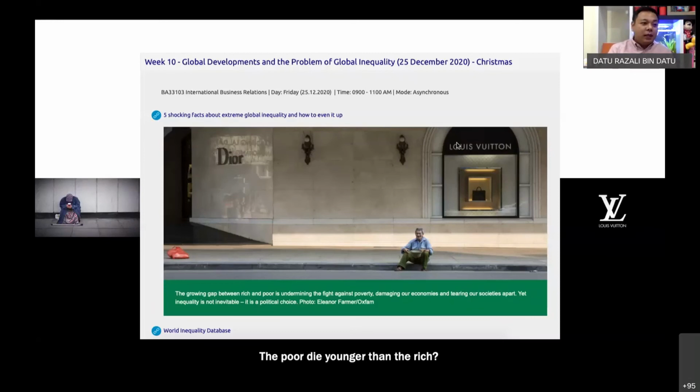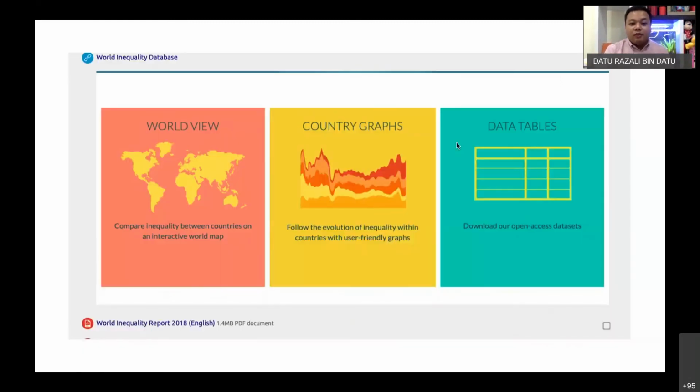We also put up the income gap, how a big corporation's CEO can be paid enough to cover the whole corporation's employees' salaries and so on. So these are the contexts that we look at, how I engage with my students. And of course, this is the 12 weeks World Inequality Database.